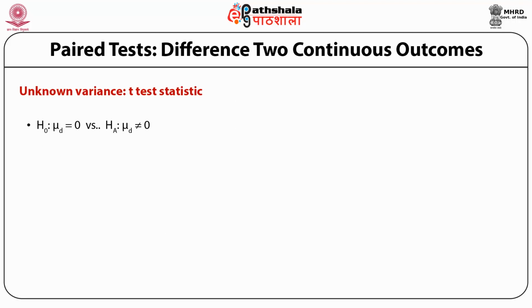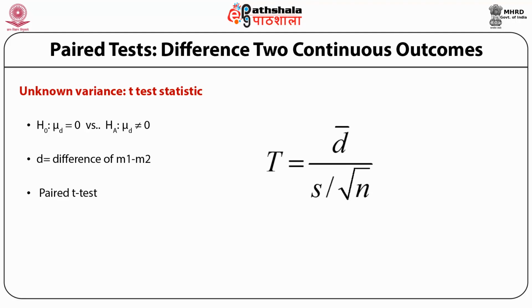Mu D is equal to 0 versus mu D is not equal to 0. D is the difference between the paired means, before and after. So the t-test has the formula T is equal to D bar divided by S by root N, where D bar is nothing but the mean of the differences, M1 minus M2.